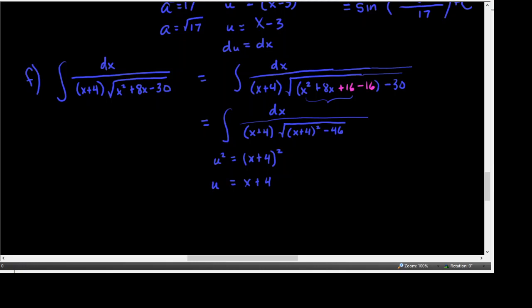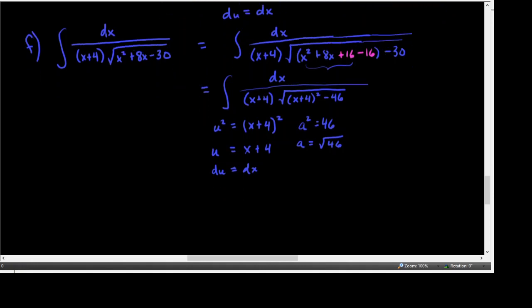This one's fine, so I don't have to do that, but be aware that you might have to. And du is 1 times dx. So just dx. Which we have, and that's good news. Our a squared is 46, which means a is the square root of 46. That's as far as that one goes.